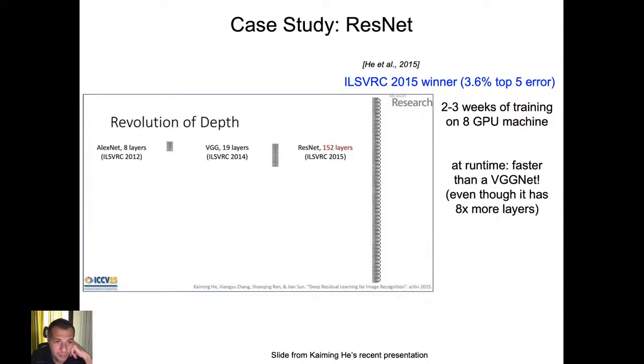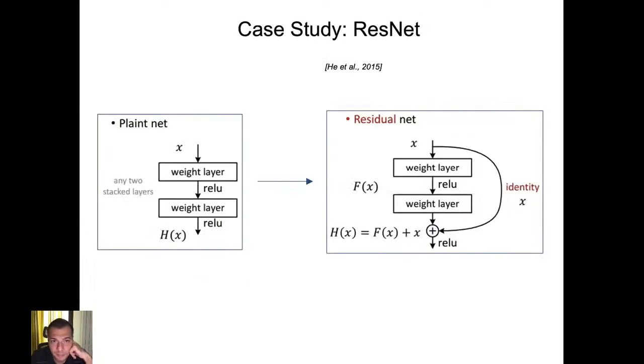But at running time, the forward pass is faster than VGGNet, which had about 140 million parameters.